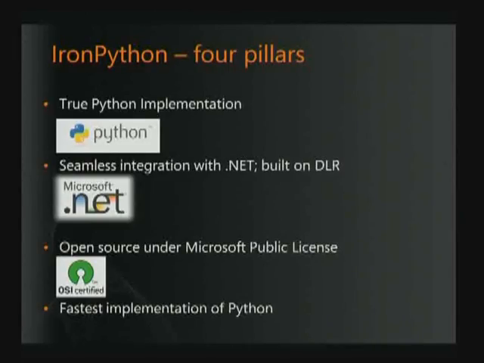In a similar way, IronPython is about the fact that it's one of the best implementations of Python out there. So those are the 4 pillars. Again, to summarize, it's a true Python implementation, with really seamless integration with .NET, built on top of the DLR. In other words, it creates a level of ecosystem that otherwise is not possible. And it's open source. If you want to contribute down the road, feel free to contact us. And it's one of the fastest implementations of Python.